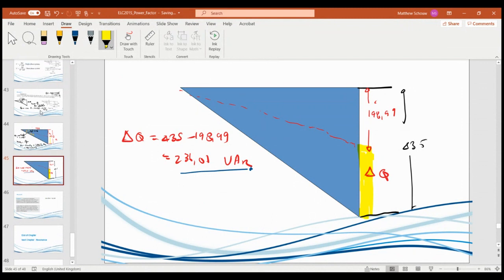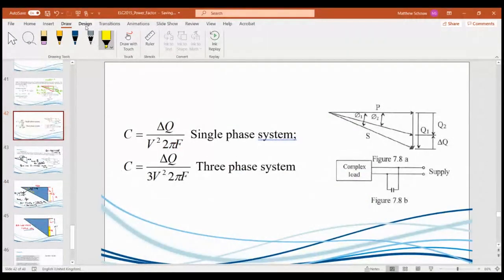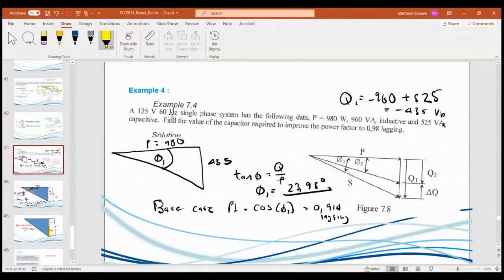All you must do now is plug into your formula, and I'll copy the formula for you. You've got changing Q, the voltage, and the frequency. The frequency was 60 hertz, voltage is 125.